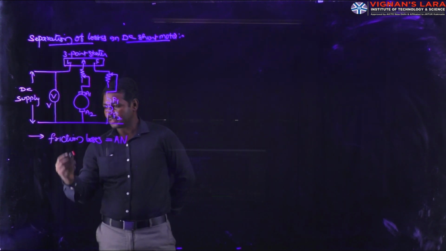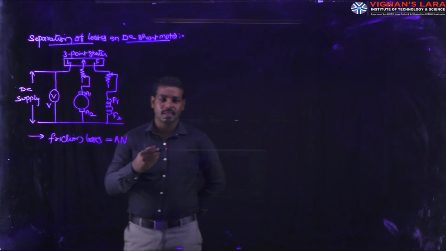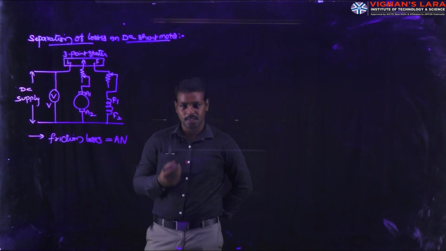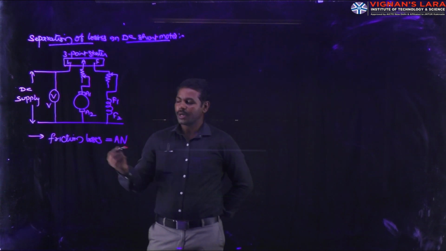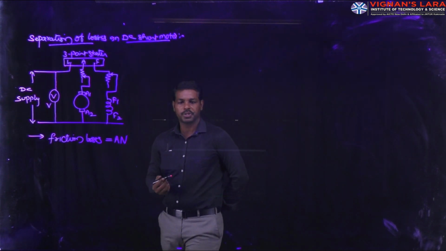Friction loss as well as hysteresis loss, these two are directly proportional to speed. The remaining two losses are directly proportional to the square of the speed.